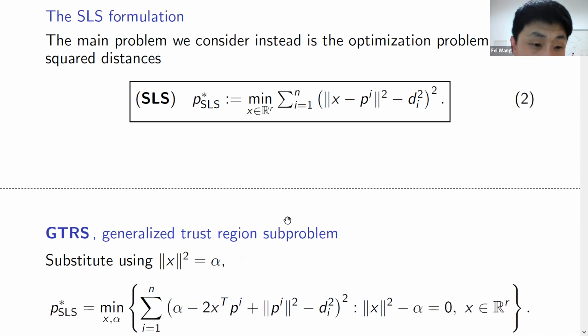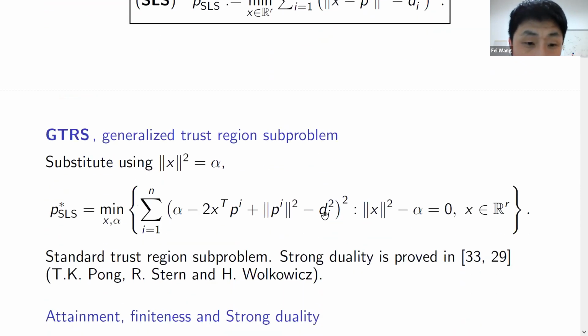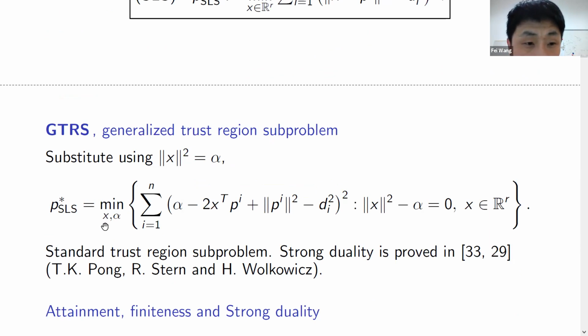And this problem SLS is equivalent to the GTRS, the generalized trust region subproblem. We can do a simple substitution using the squared norm of x equals alpha, and we can convert the SLS problem into a standard trust region subproblem, and strong duality is proved in these papers.